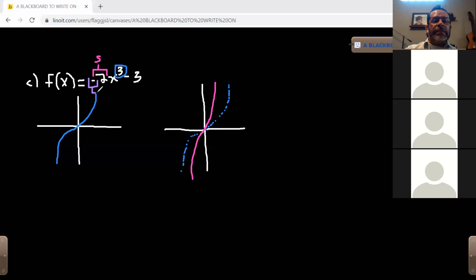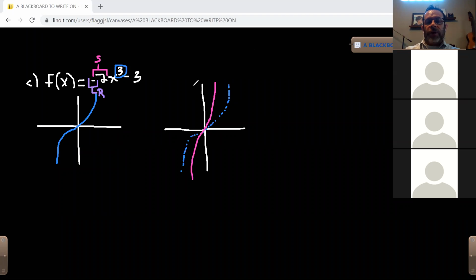And so the minus is going to be what? It's going to be a reflection. That's what Andrea was talking about. It's going to be a reflection that's going to flip the graph. And so what we're going to have now is the following. I'm going to draw it here on the same one.